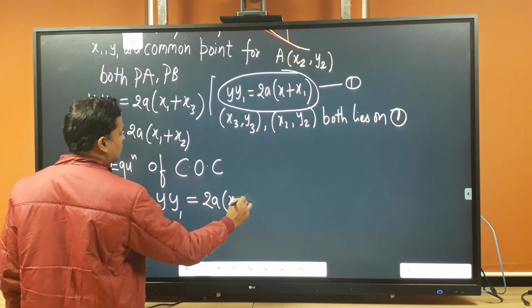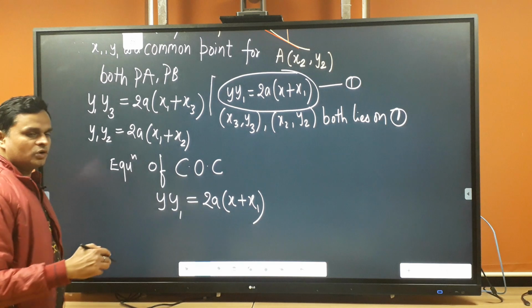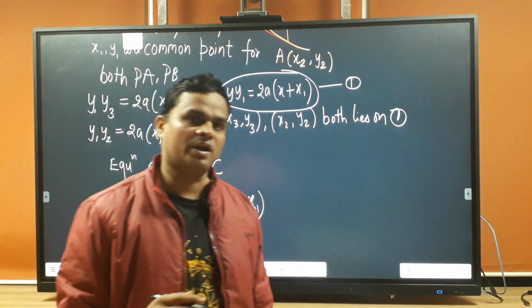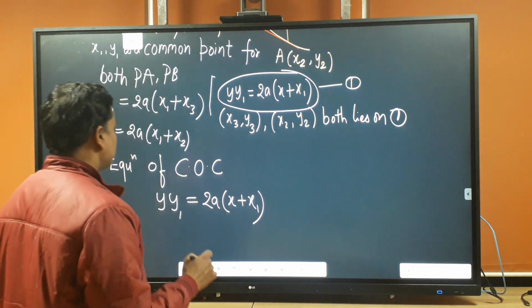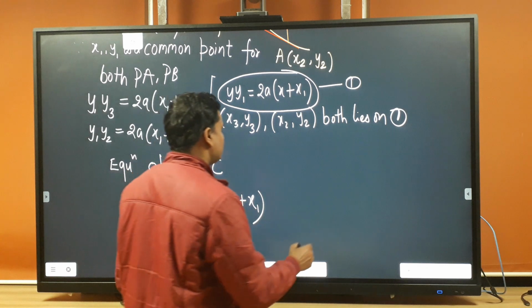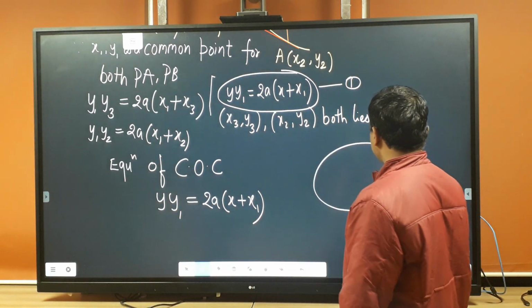On similar lines, the equation of chord of contact for an ellipse as well as a hyperbola can be derived. I can give a hint of how it can be derived for an ellipse. Take a standard ellipse like this.